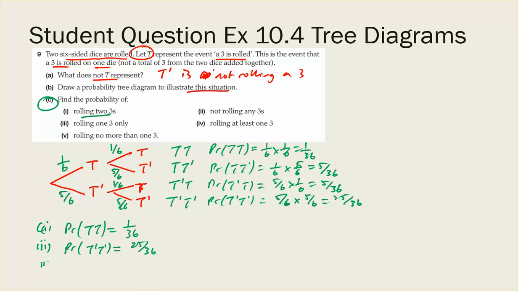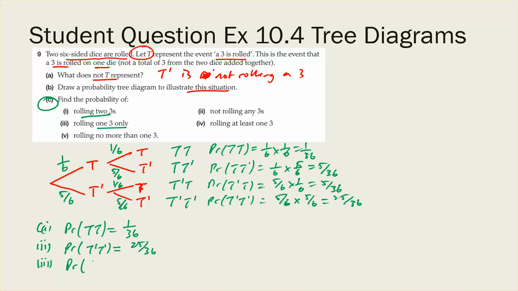Part 3 asks us for rolling exactly one 3. As you can see in the sample space, TT means rolling two 3s, T not T means rolling one 3, not T T means rolling one 3, and the last one means rolling no 3s. So the possibilities we want are the two middle ones.